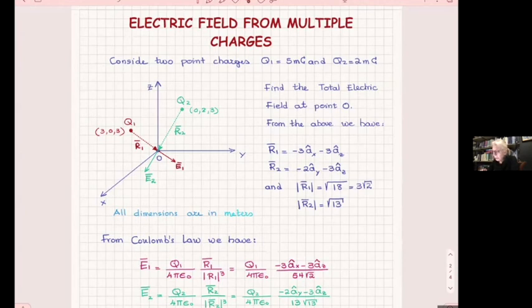And I give the position of the two charges with the coordinates of the points where the charges are. So I have selected, to make it simple, Q1 to be on the XZ plane, you see Y equals 0, and Q2 to be on the YZ plane, so X equals 0. And then we want to find the total field at point O, which is the center of the coordinate system.